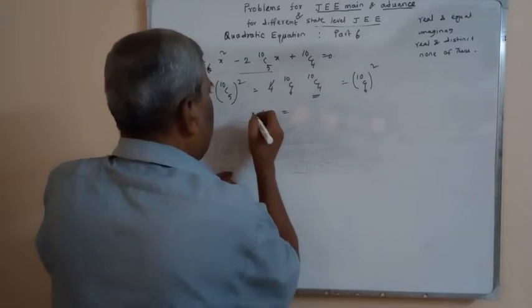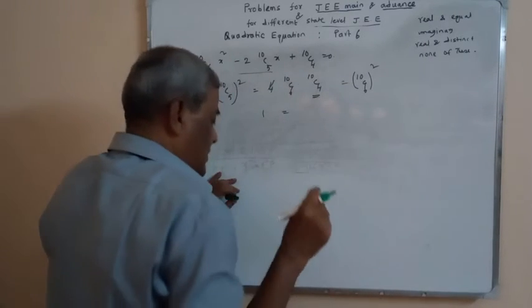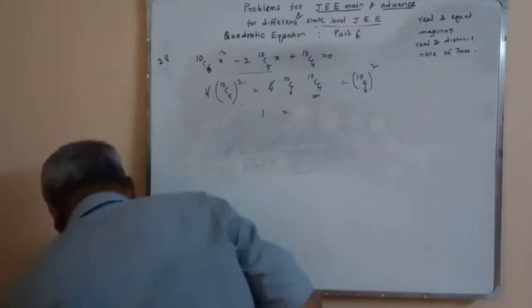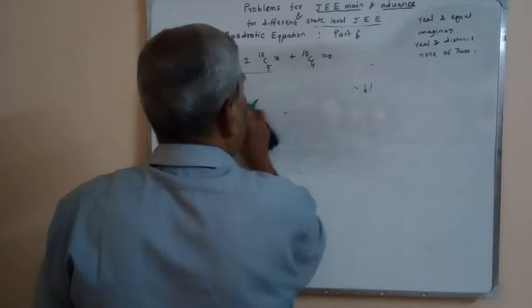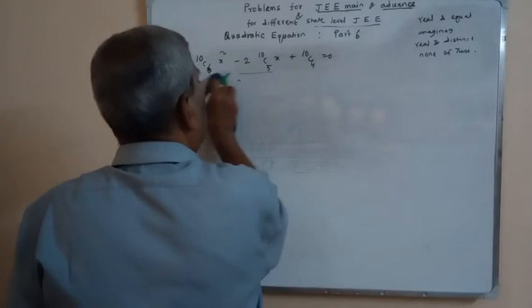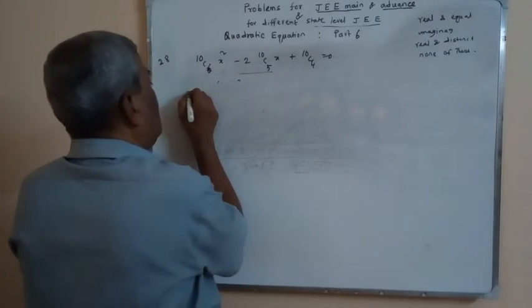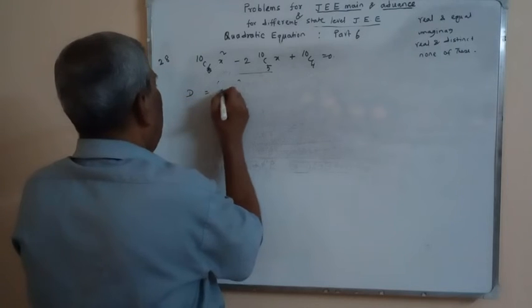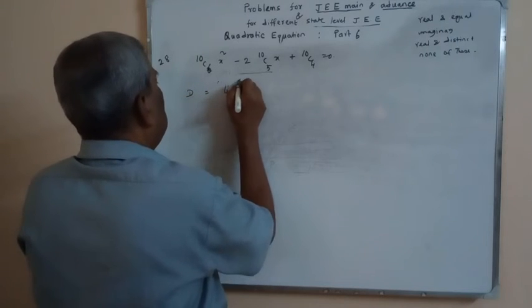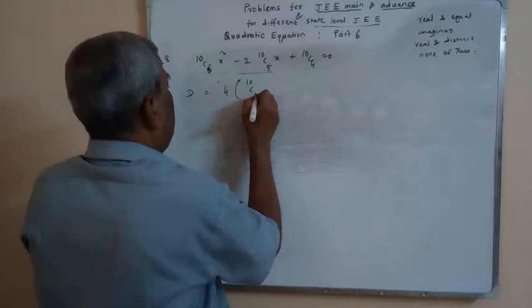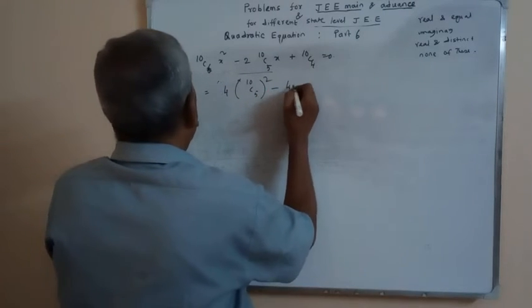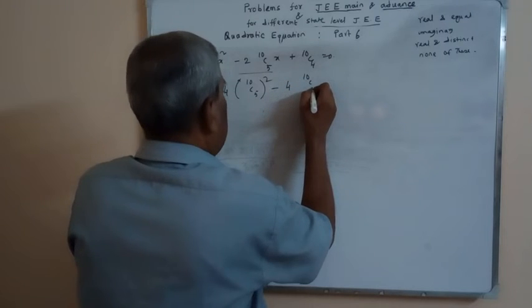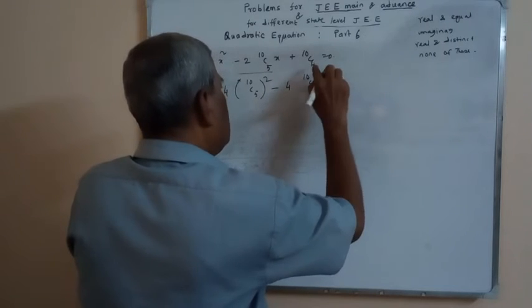So discriminant is this minus that. Just 1 minute. Discriminant is equal to b square minus 4ac, that is 10c5 whole square minus 4 into 10c6 into 10c4.